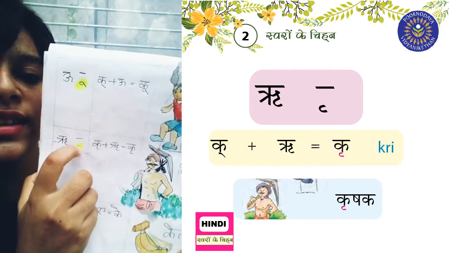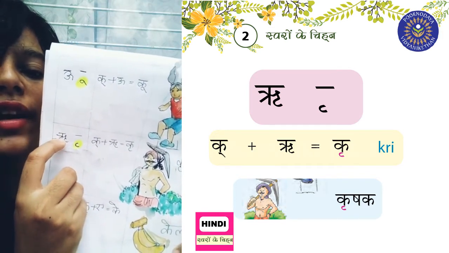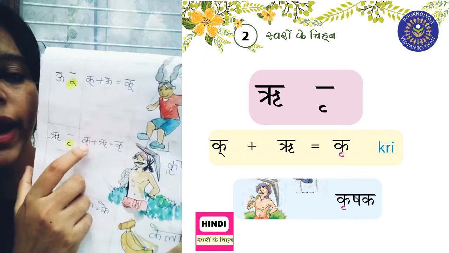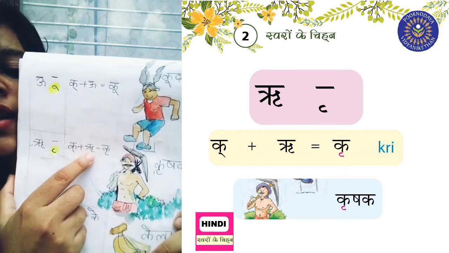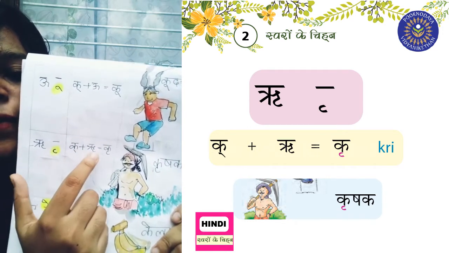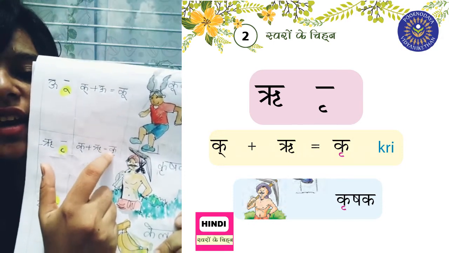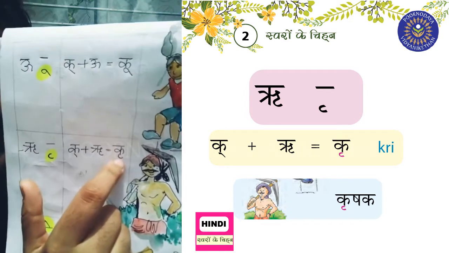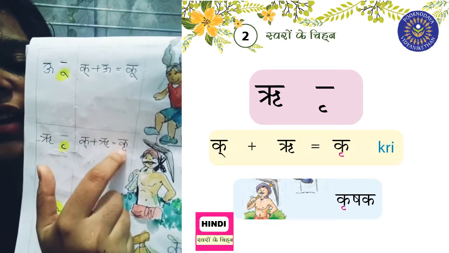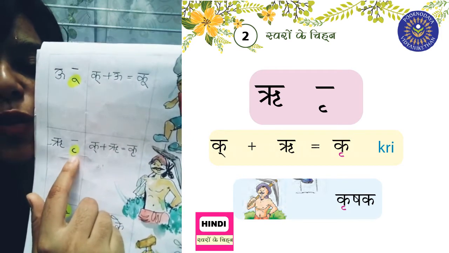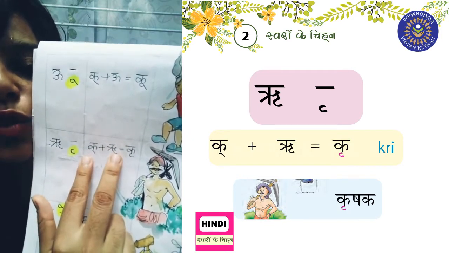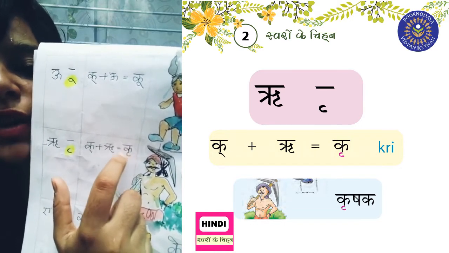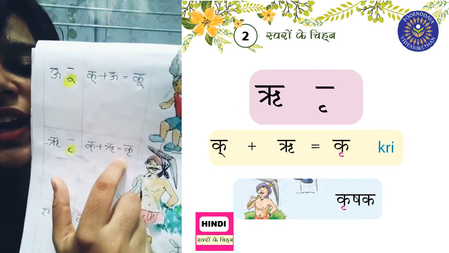The small c always comes below the letter. So the re is written like this in form of matra. When you combine ka plus re, the re is written like this, so kri. When you write it in form of matra, with the c on the bottom, it sounds like kri.